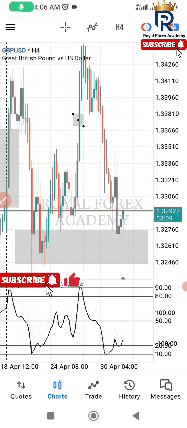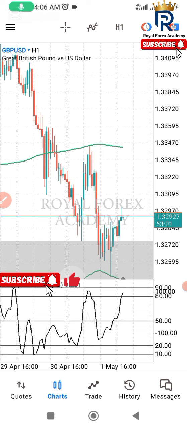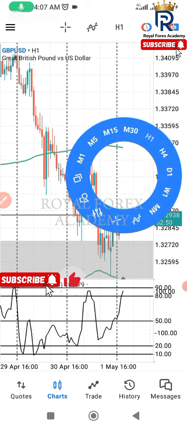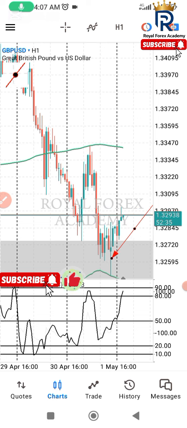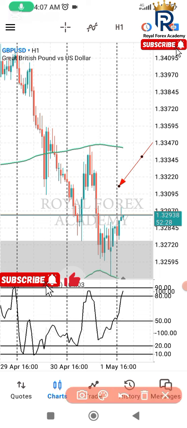So now that price has come into this order block, we'll move to our H1 time frame. This is our 1 hour time frame. If we are to make this entry based on a 1 hour time frame, we'll be using a candlestick pattern. Okay, and if you look at this play out here, you can see this price rejection. This price rejection would have become our buy entry, and a confirmation to it is that we're having a divergence.